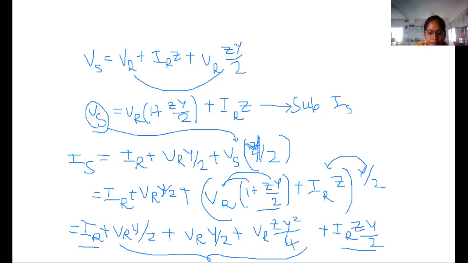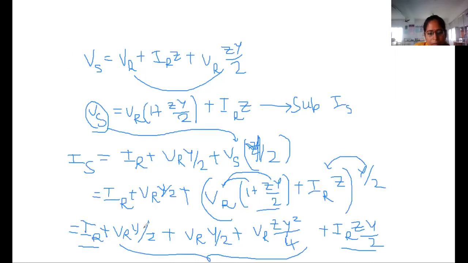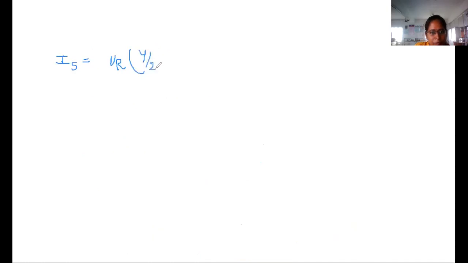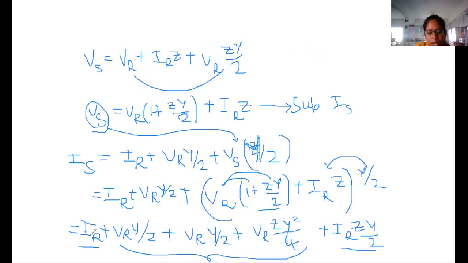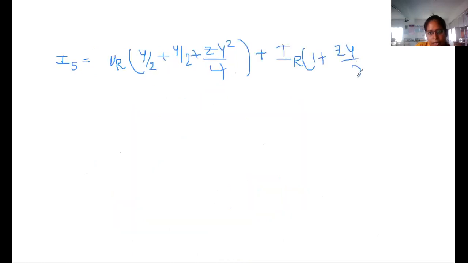So Is equal to VR into, VR common, y by 2 plus y by 2 plus zy square by 4, plus IR into 1 plus, see here, IR is common in these two terms, IR common here, so 1 plus zy by 2.